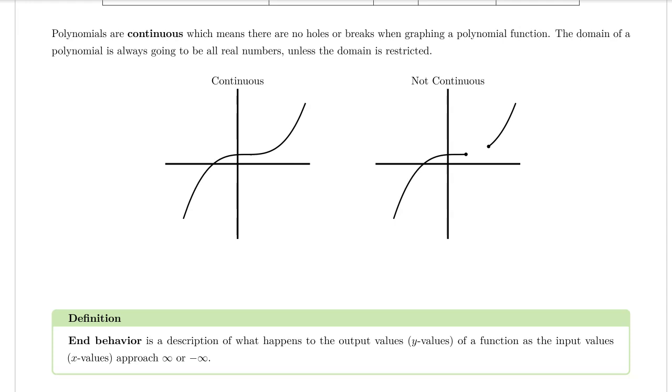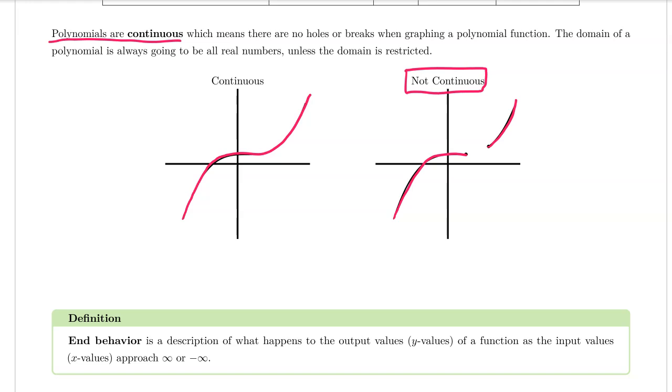So here, in this first graph, if I trace this, I don't need to pick up my pen or pencil in order to draw the graph in its entirety, but in this second graph, I would need to lift my pen or pencil and then continue on, and because there's a break, this second graph is not continuous. But again, polynomials are always continuous unless we restrict the domain.